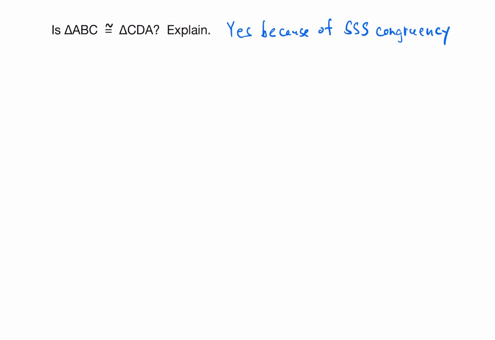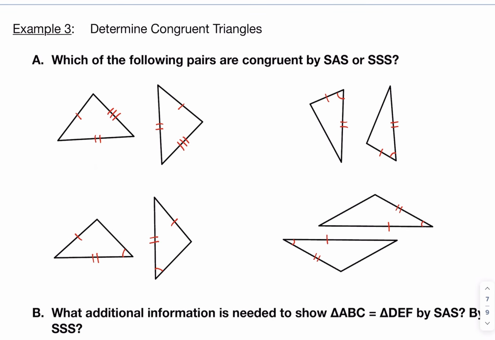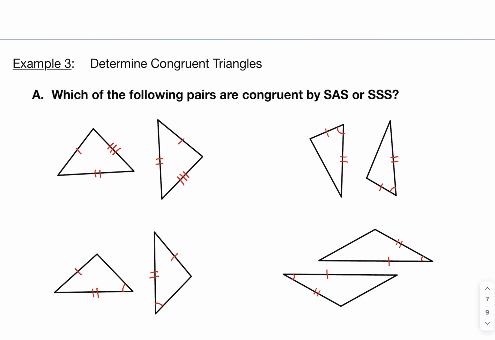All right, let's go ahead and move on to example number 3. Okay, so we've got pairs of triangles here. We've got 4 sets, and the question is, are these triangles congruent? Okay, so let's take a look at this first pair. We have this side congruent to this side congruent to that, and this side congruent to this because of the hash marks. So we know those triangles are congruent via the side congruency.